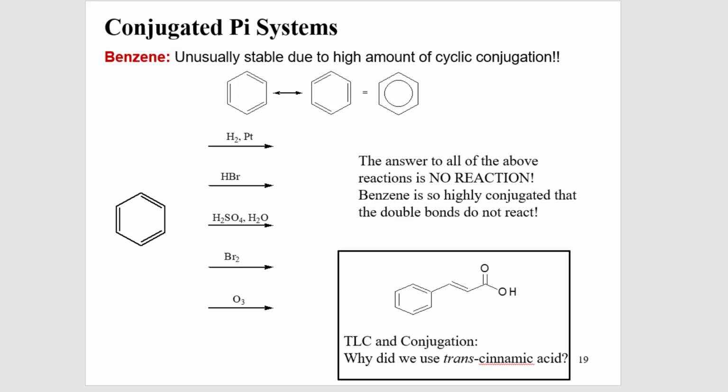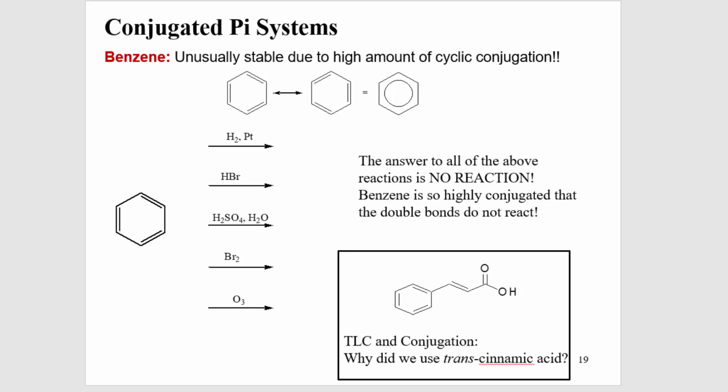So one of the nice things about benzene, though, is that it is highly conjugated. And so if you think back to lab, what reagents were you using when you were running TLC? Remember, with TLC, you were spotting your compound on silica, and then you were using UV light to visualize.